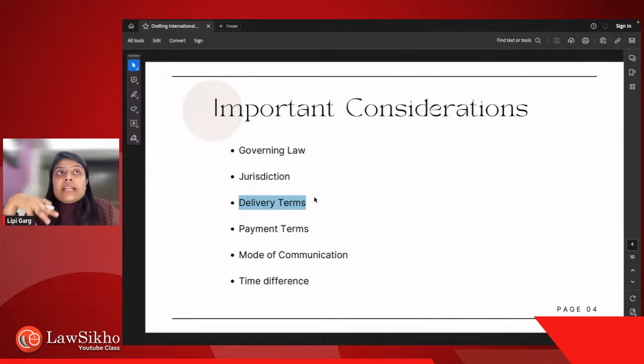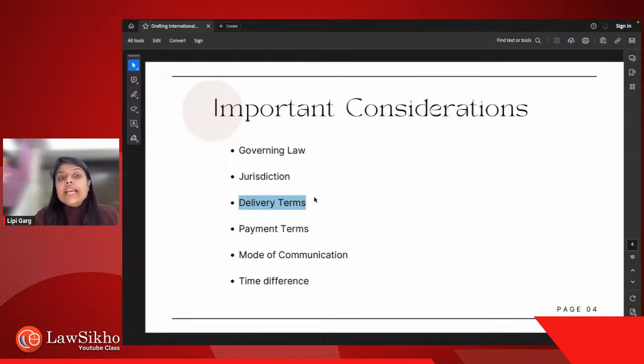Delivery terms might differ when you are dealing with international transactions, because you will deal with things like bills of lading and Incoterms. All of these are shipping terms. Incoterms are basically international commercial terms. They are only dealt with when you are shipping goods from one country to another.